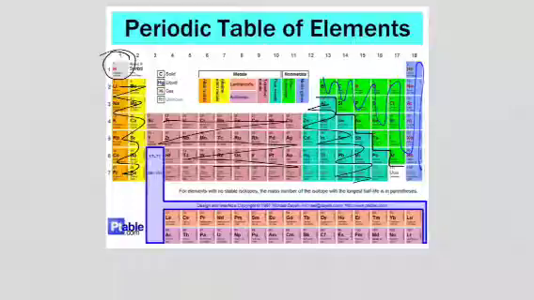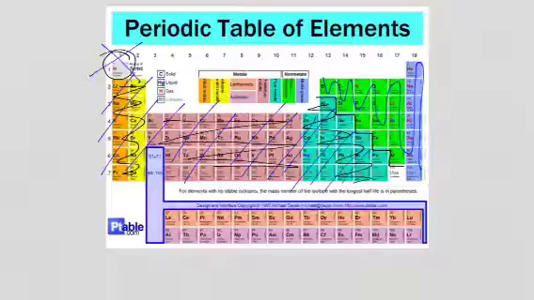The vast majority of metals are solid or liquid, with the exception of hydrogen, which is a gas. Everything else that we talked about is either going to be a solid or a liquid on the metal side. And everything on the non-metal side is going to be a gas, for the most part.